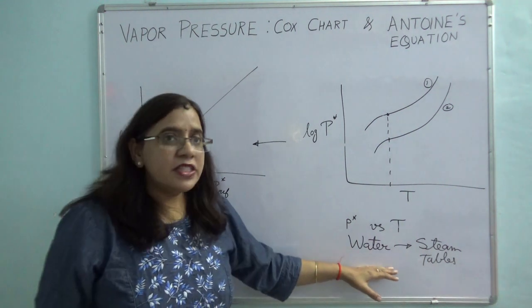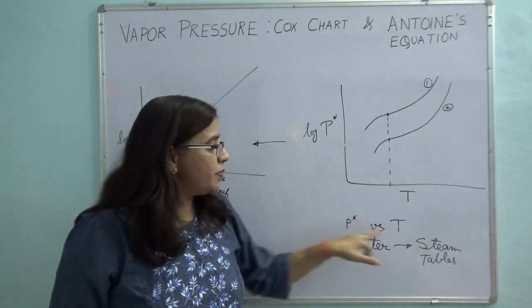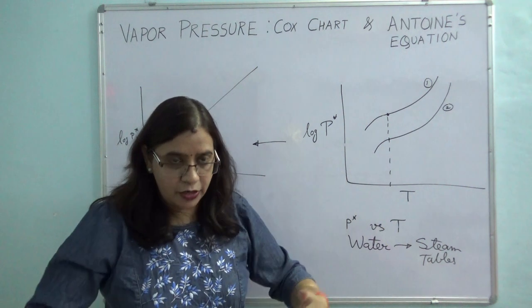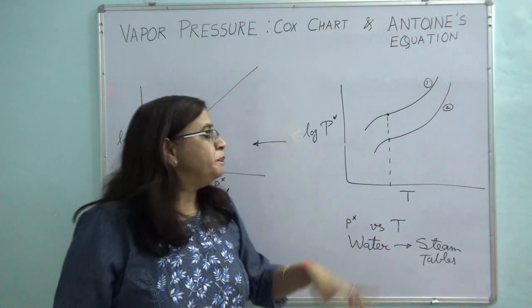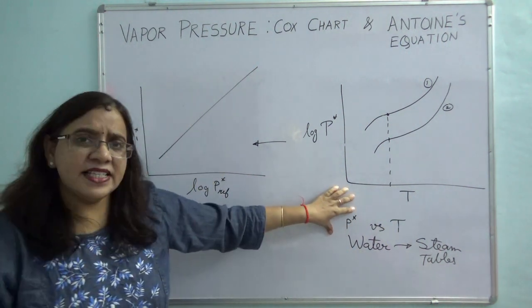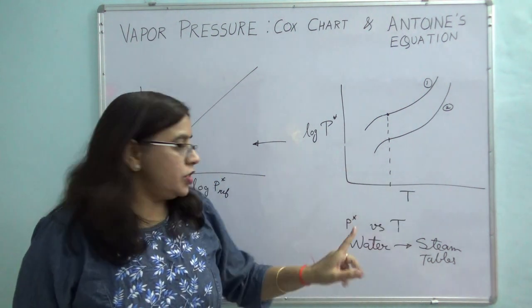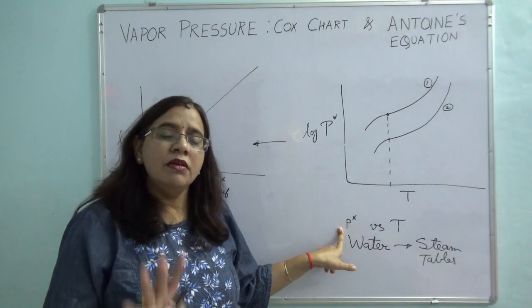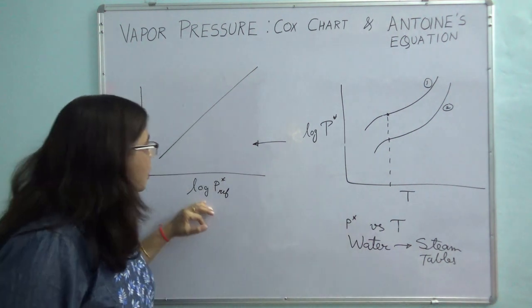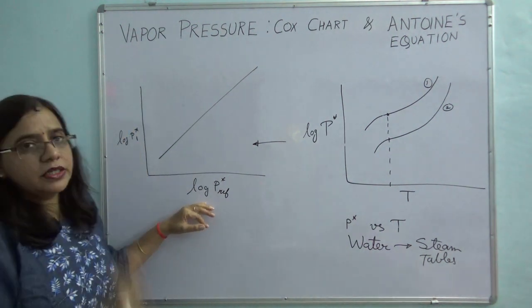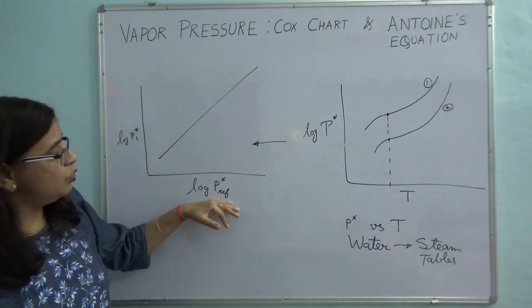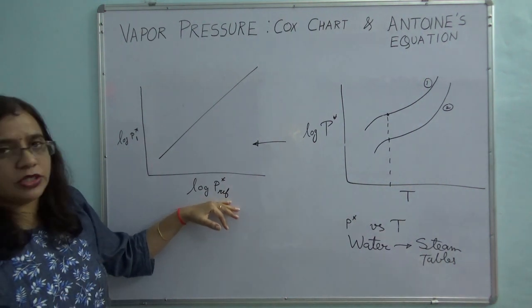In steam tables, vapor pressure is given in tabulated form against temperature. So this data is extensively available. For any particular temperature, I know the vapor pressure for water. So I am going to choose my reference substance, species 2, as water.